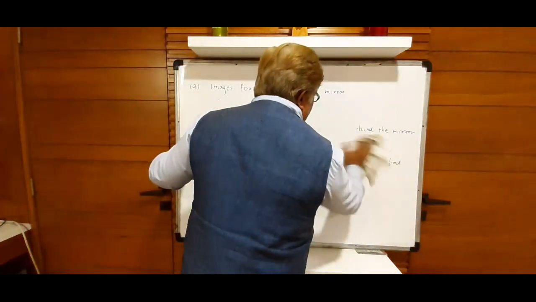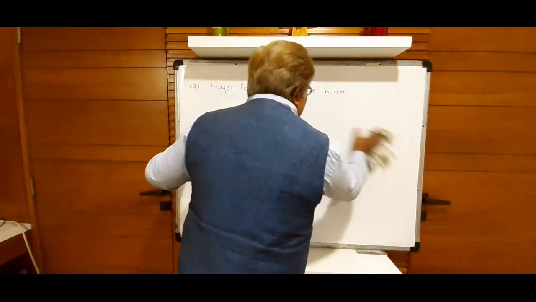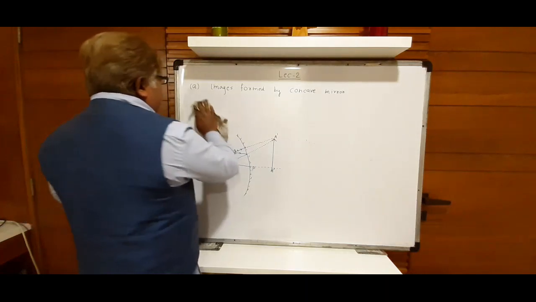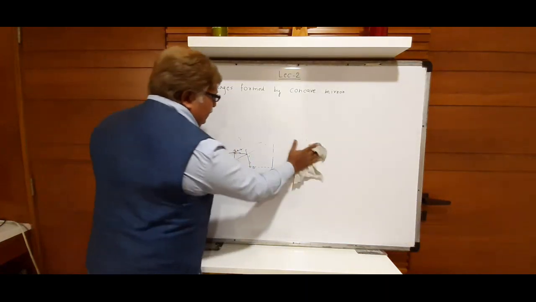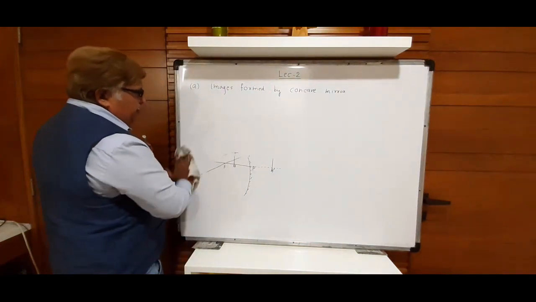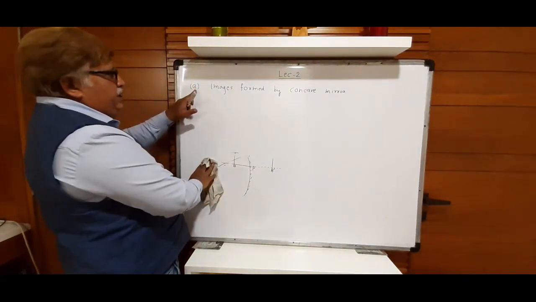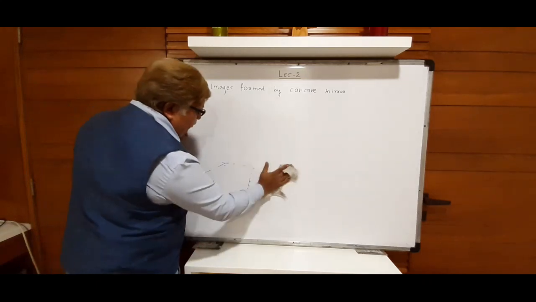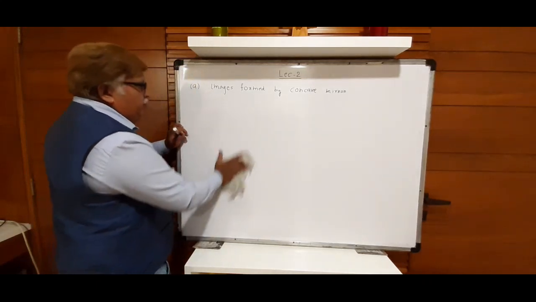Now we are going to discuss convex mirror. As I am cleaning the board, you have to make the title B, images formed by convex mirror.